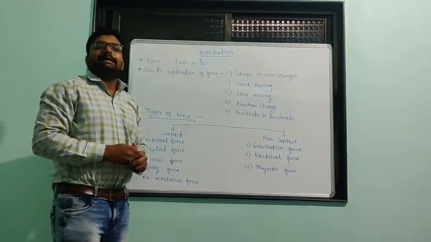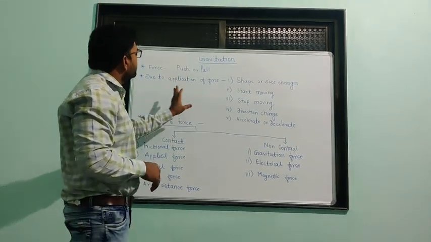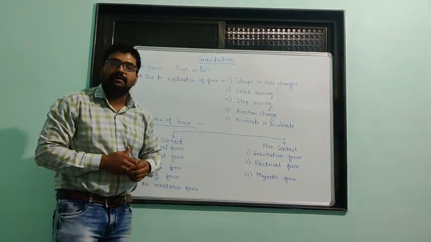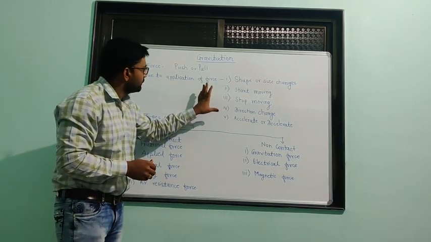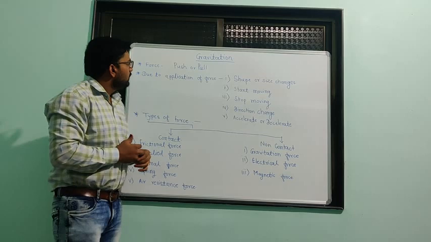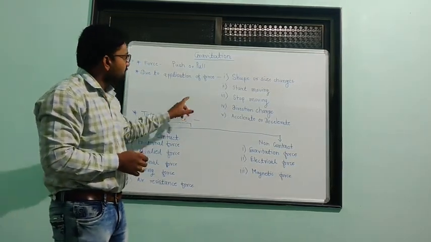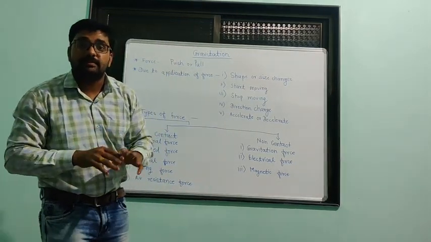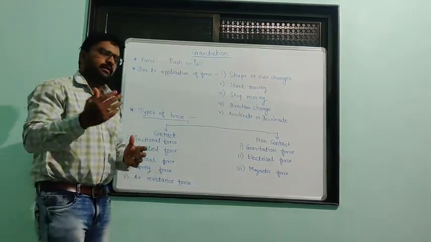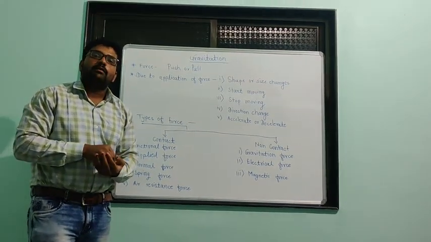Now the second thing: if we apply force on an object, what changes take place in that object? First of all, the shape or size of that object may change. Take a very familiar example, the making of chapati.